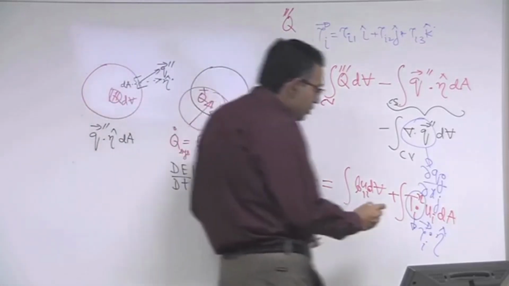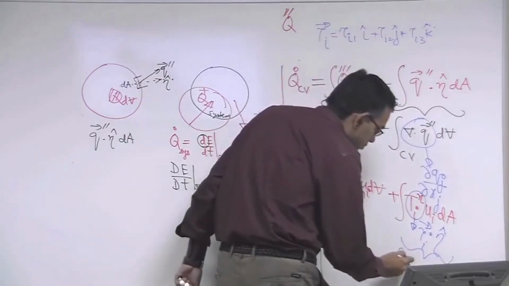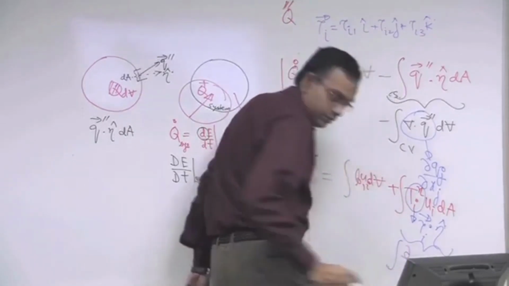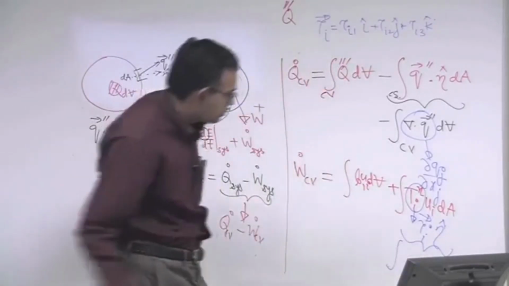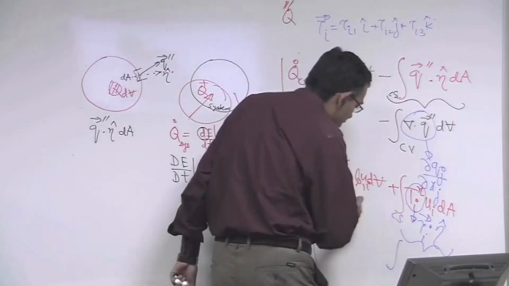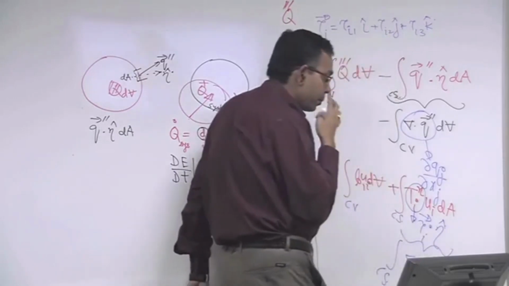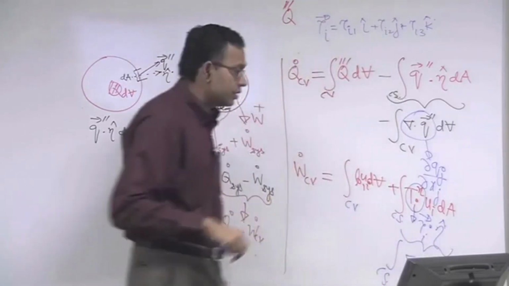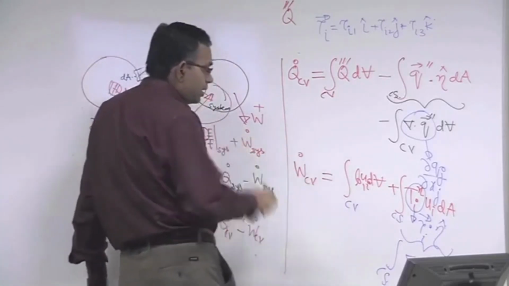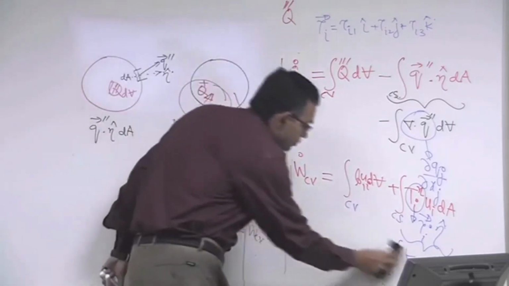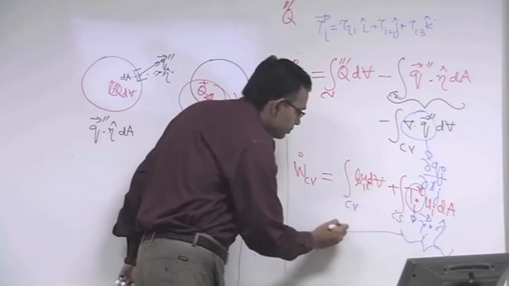So, in terms of the divergence theorem, what is it? Integral over the control surface, this is control surface, this is control volume, divergence of... it is not visible, I think the computer is blocking it, so write it separately. Write it here.